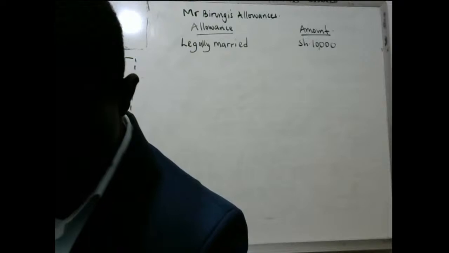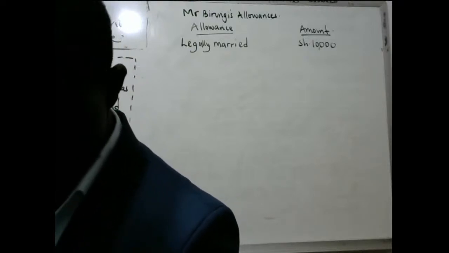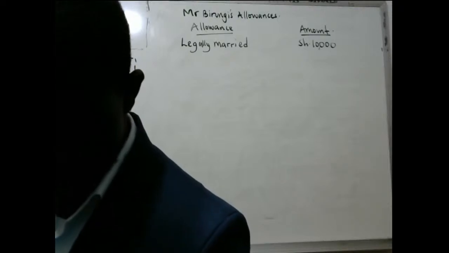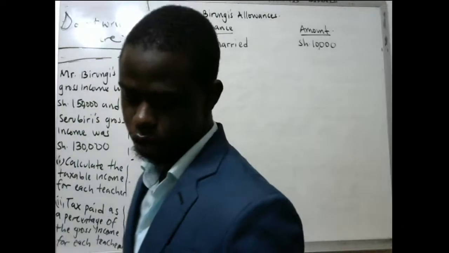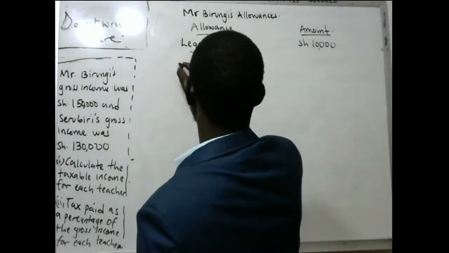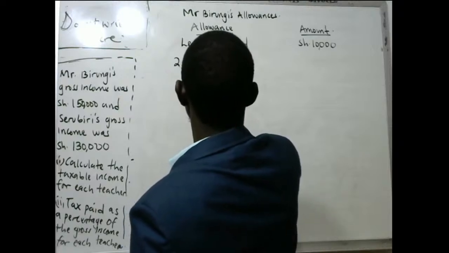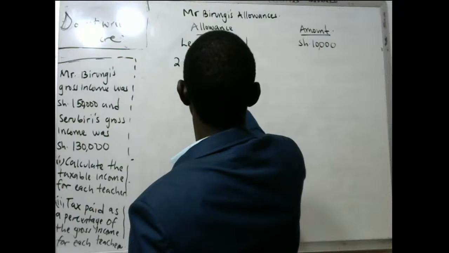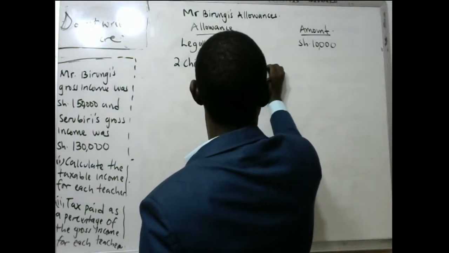Then, Mr. Birungi, the same Mr. Birungi, is legally married with 2 children under the age of 10 years. Each child under 10 years, they give him an allowance of shillings 2,500. 2 children under 10 years.